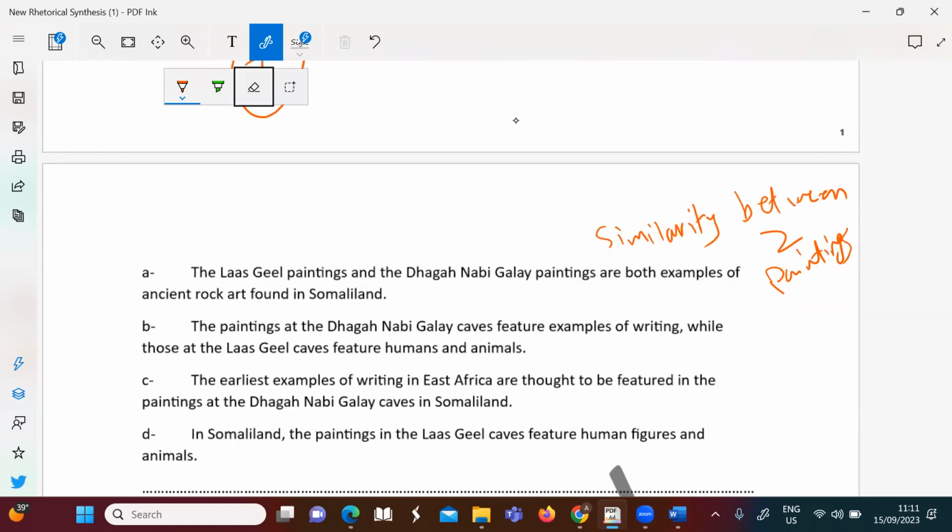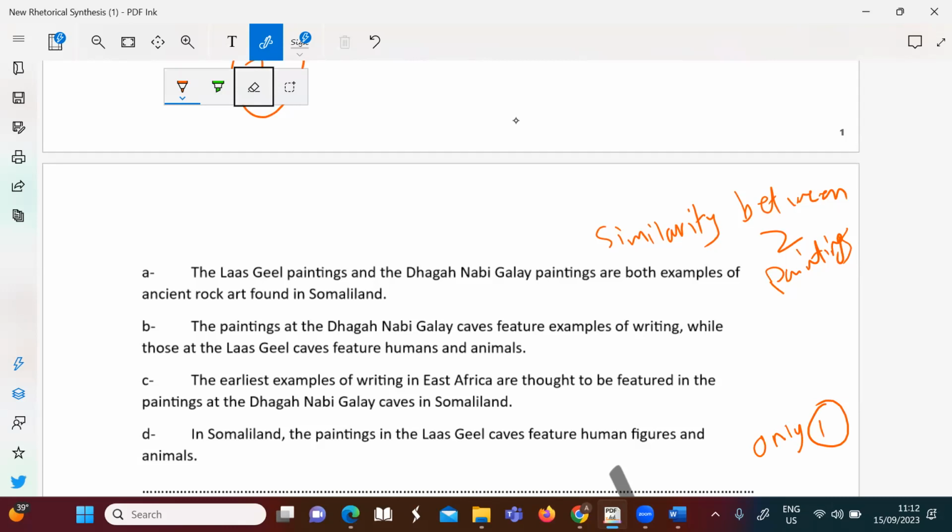Okay, what's wrong with D? In Somaliland, the paintings, he only talked about the Laas Geel paintings. Only one. Do we have similarity? No. Okay.